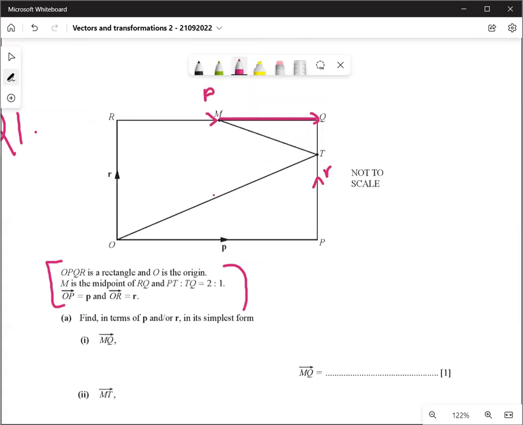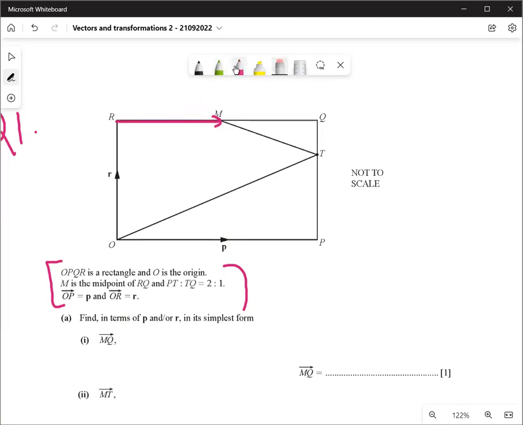Now they're telling us that M is the midpoint of RQ. So M is the midpoint, yes? Let's read the question one more time. OPQR is a rectangle and O is the origin. M is the midpoint of RQ and the ratio PT to TQ is 2:1.